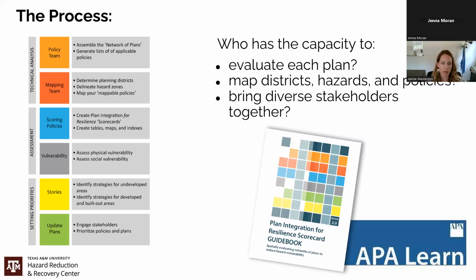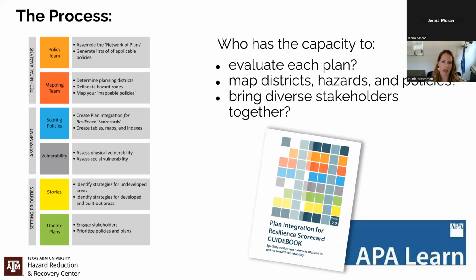It's very helpful if you have someone who has mapping skills, GIS skills. It is not required. We certainly have done this with communities that have not had that capability, but it is a great way to visualize what's going on in different parts of the community, so you might want to tap into those resources that you have.